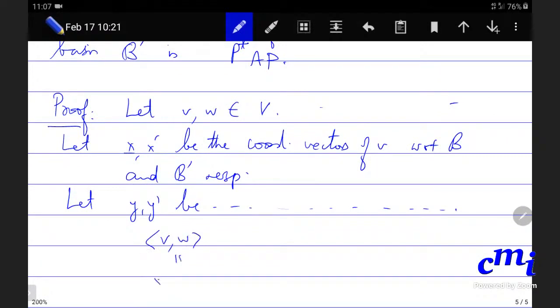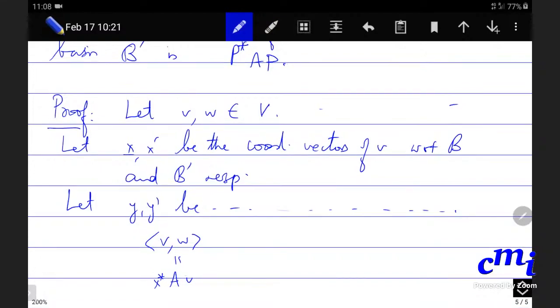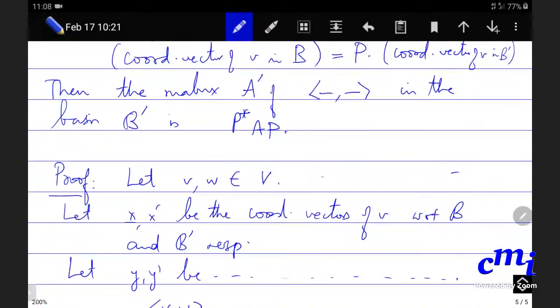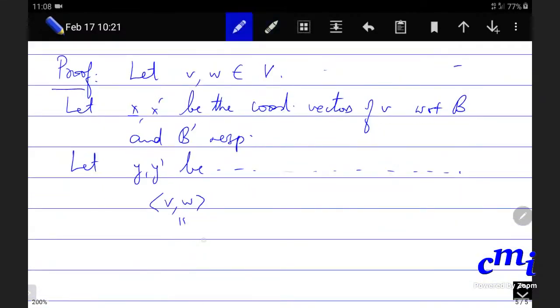On the one hand, it is x transpose A prime... hold on, which way do I want to write it in terms of B prime? Maybe I write like this. On the one hand, it is x prime transpose A prime y prime.